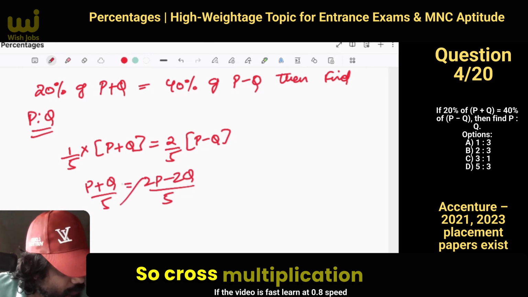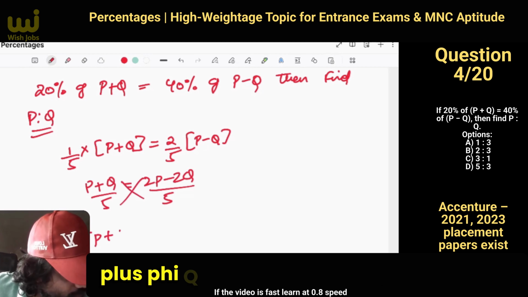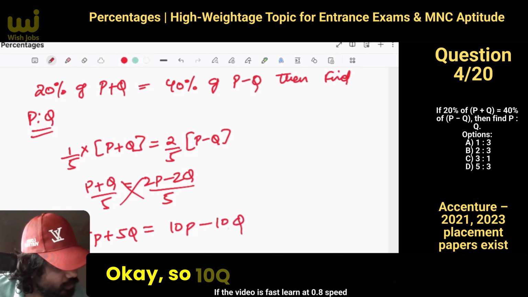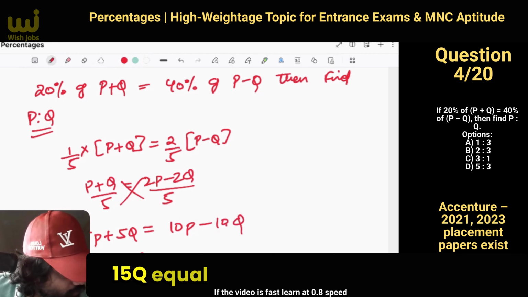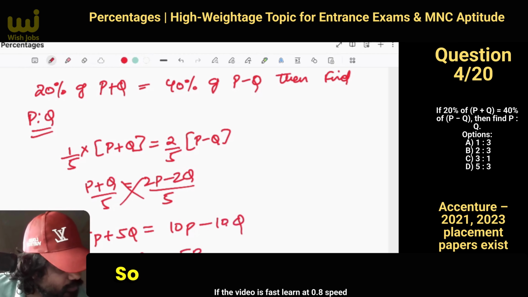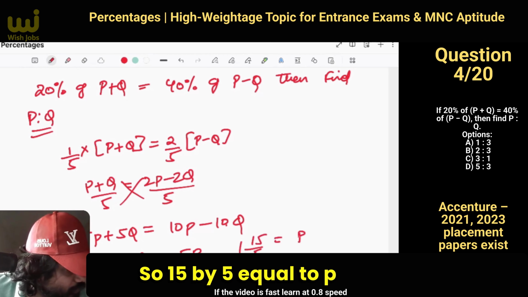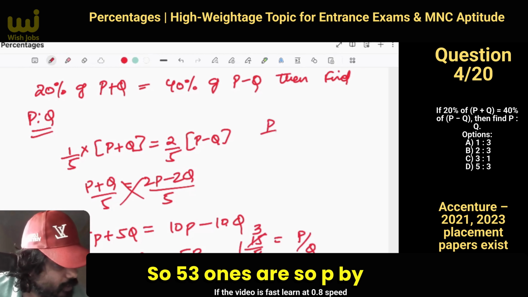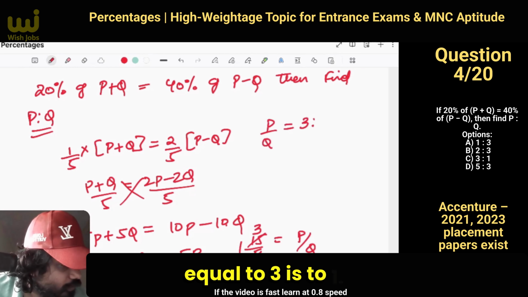So cross multiplication, 5P plus 5Q equal to 10P minus 10Q. Okay, so 10Q will come this side, 15Q equal to 10P minus 5P is 5P. So you just need to find P by Q, right? So 15 by 5 equal to P by Q. So 5 3s are 15, 5 1s are 5. So P by Q equal to 3:1.